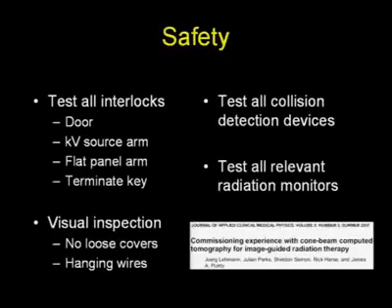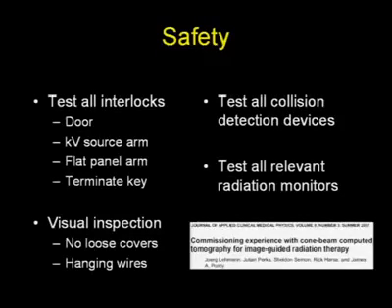When considering the safety component of your quality control program, your safety bit should look at testing all of the interlocks, such as all the touch guards, all the motion detectors, make sure that they're functional.